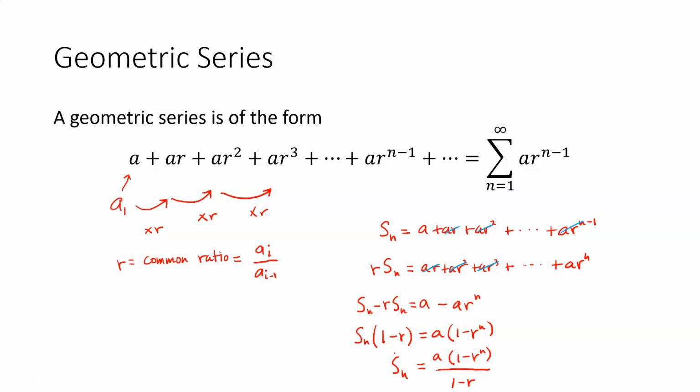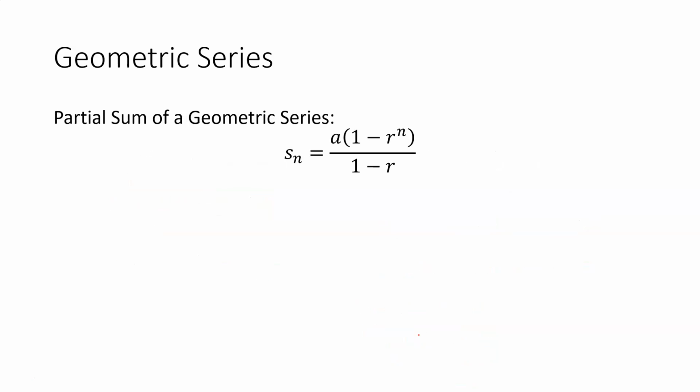So the nth partial sum would just be our first term a times (1 minus r^n) over (1 minus r). That would be a formula that gives us the sum of the first n terms of the geometric series. So here's our partial sum formula.